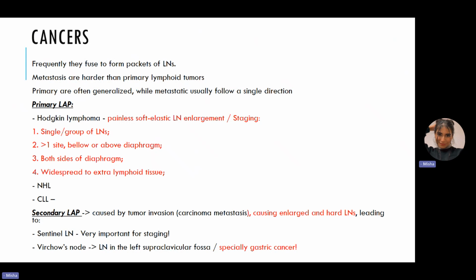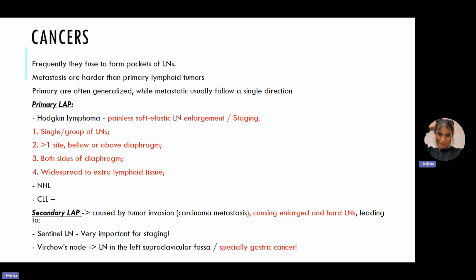Then we have chronic lymphoid leukemia. In this case, this is basically a monoclonal proliferation of small lymphocytes, B cells mostly, leading to lymph node enlargement and splenomegaly. And the germinal centers in the lymph nodes are normally completely destroyed due to the infiltration by the lymphocytes.